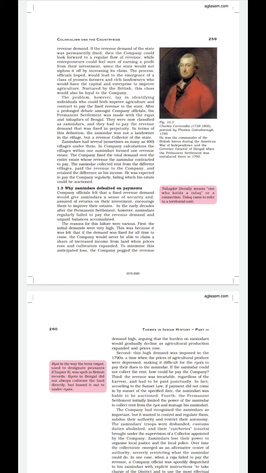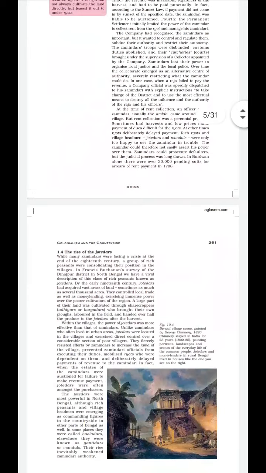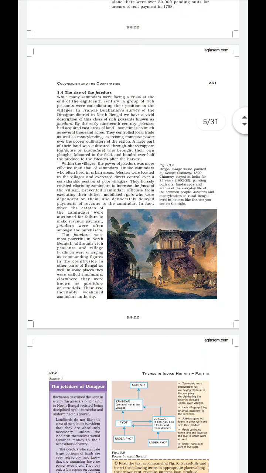Clear? Next, we will discuss the rise of the Jotedars. Who were the Jotedars? The group of rich peasants were called Jotedars. Now, the Jamindars' power was decreasing day by day, and they were facing a crisis, whereas the Jotedars were getting stronger.